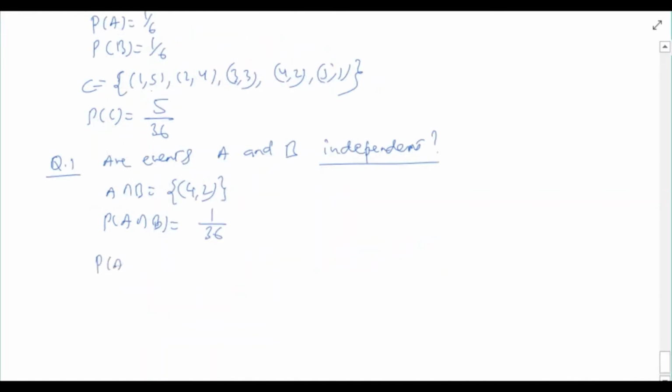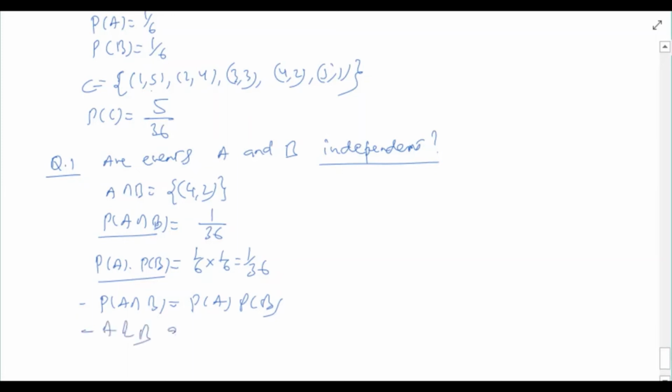On the other hand, probability of A times probability of B is 1 by 6 into 1 by 6, and again it's 1 by 36. So we see that probability of A intersection B is equal to probability of A times probability of B. So A and B are indeed independent.